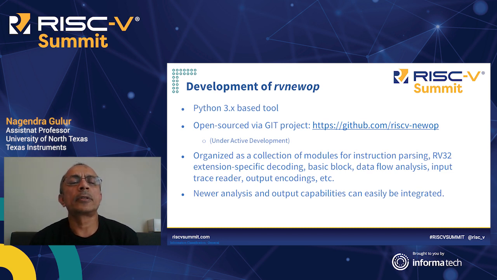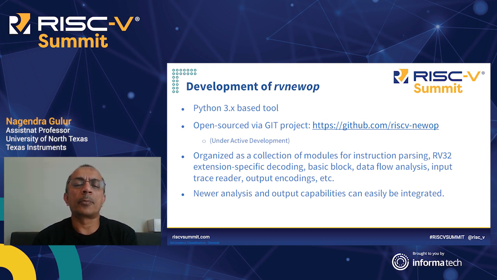As I mentioned before, this is a tool that is essentially open source. It's Python 3.x based. Here is a link to our GitHub repo. You're welcome to clone this repo and download and look at the code. We have attempted to organize rvnewop as a collection of Python modules that are assembled together to provide the end capability of finding new instructions.